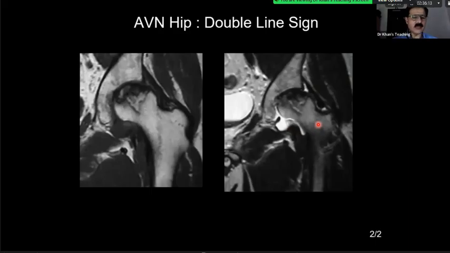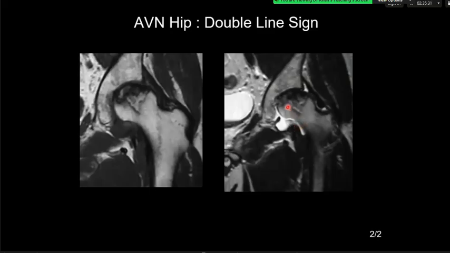Question for candidate 1. Double line sign is seen on which sequence? T2. So this is a T2 weighted sequence. Can you explain? So if you see here, there is a line just superior to my laser pointer, which is slightly low signal. And then there is a higher signal line. This is known as the double line sign. So the first line, which is the dark line, how do you define it? This is kind of osteochondritis dissecans.